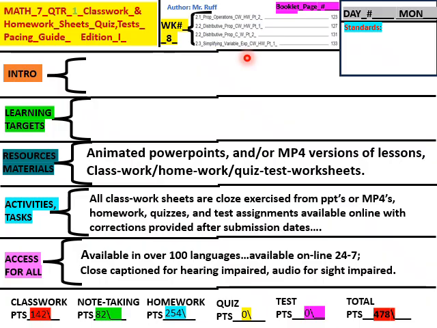So we are starting to get closer here to doing equations in Math 7.